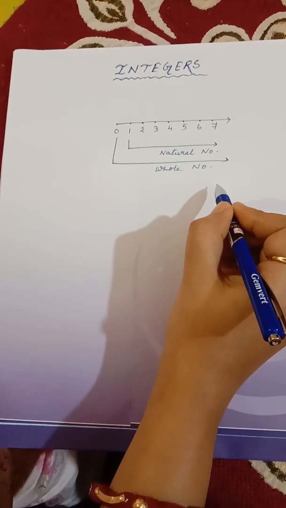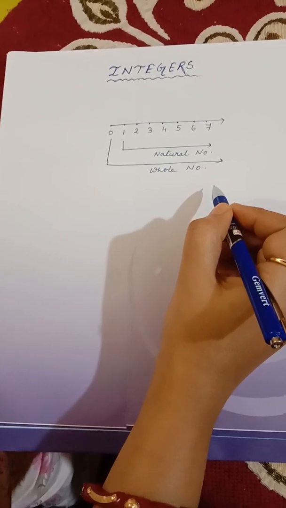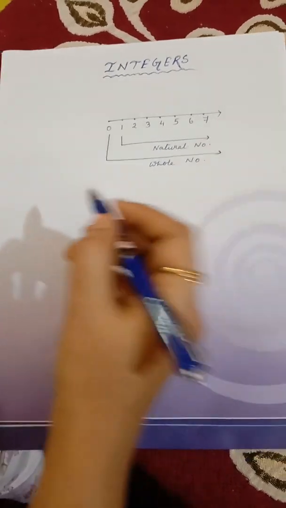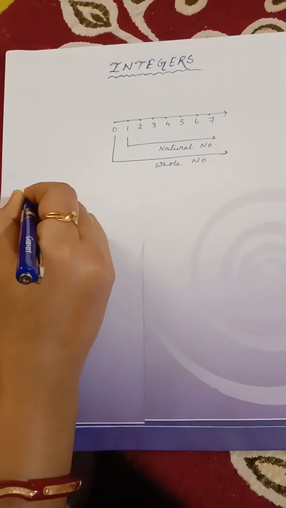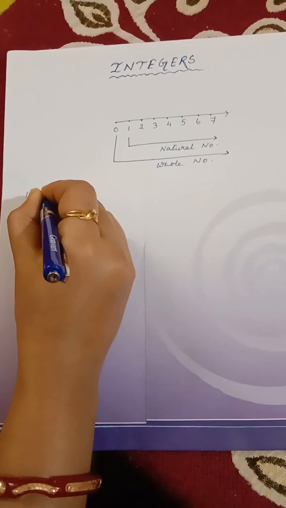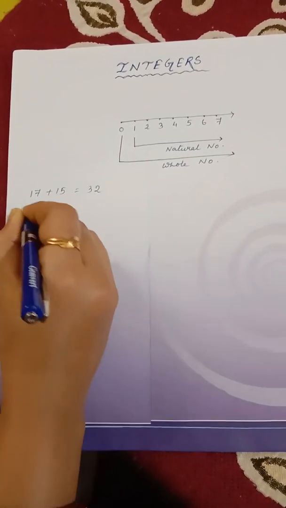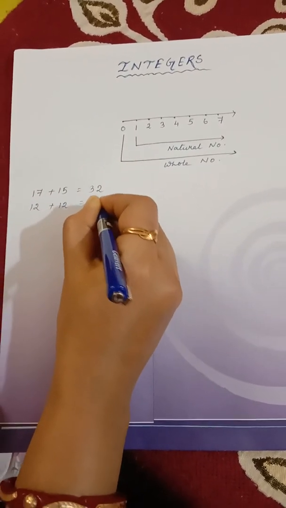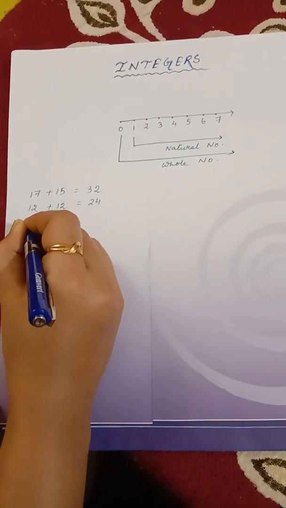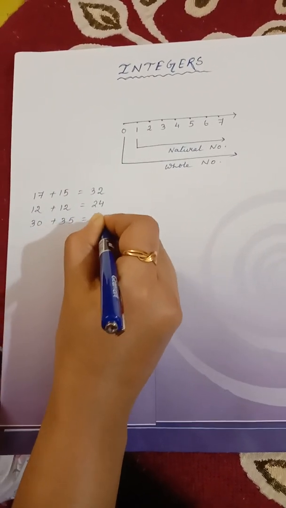By adding any two whole numbers, you always get a whole number. Suppose 17 plus 15, you will get 32. 12 plus 12, you will get 24. 30 plus 35, you will get 65.